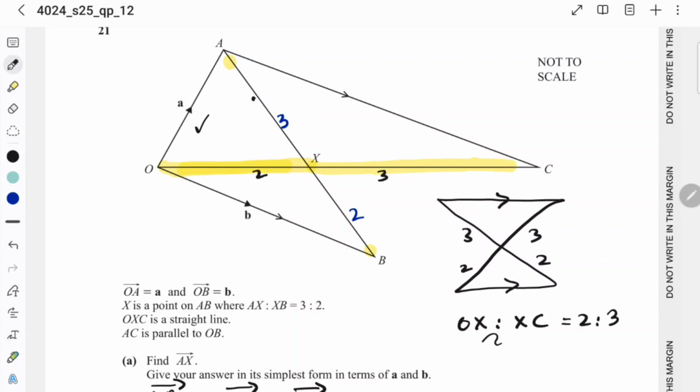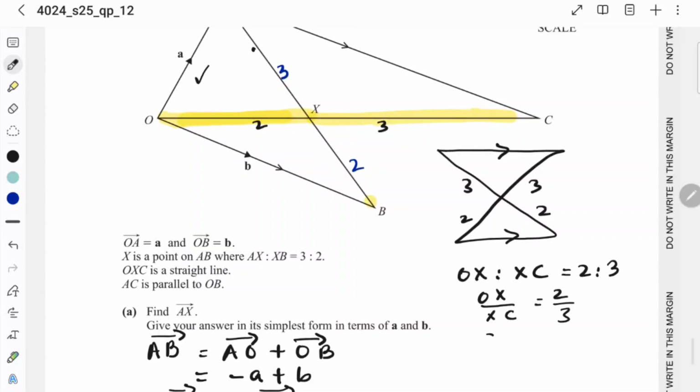It means OX upon XC is 2 upon 3. And we know the value of OX. So from here we can easily find out XC. Now I'm just multiplying. 2XC is equal to 3OX. XC is equal to 3 upon 2 of OX. Simply take this and then you will get your answer. Remember, we just took the same ratio. OX is to XC is 2:3.